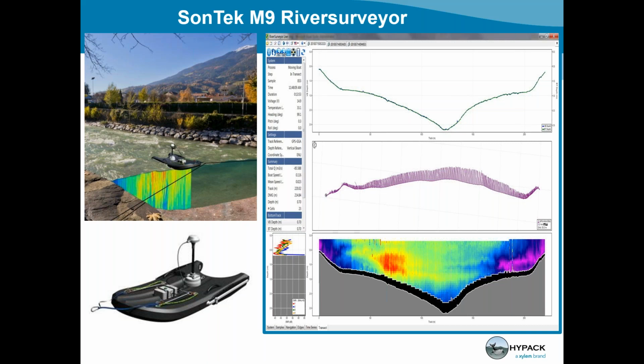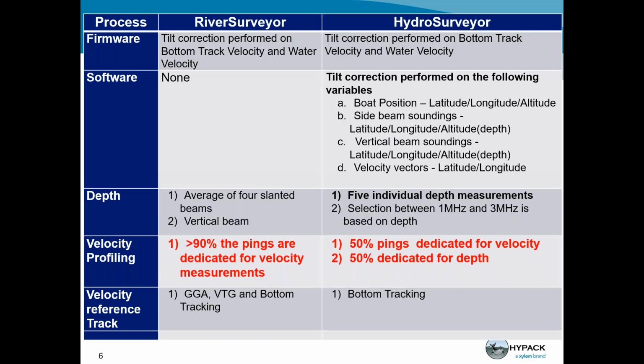Now when we're doing a bathymetric survey using the M9, so the same hardware, but we're using the HYPACK software, we refer to that as M9 Hydro Surveyor. It's the same hardware, but the hardware is functioning differently depending on the different applications.